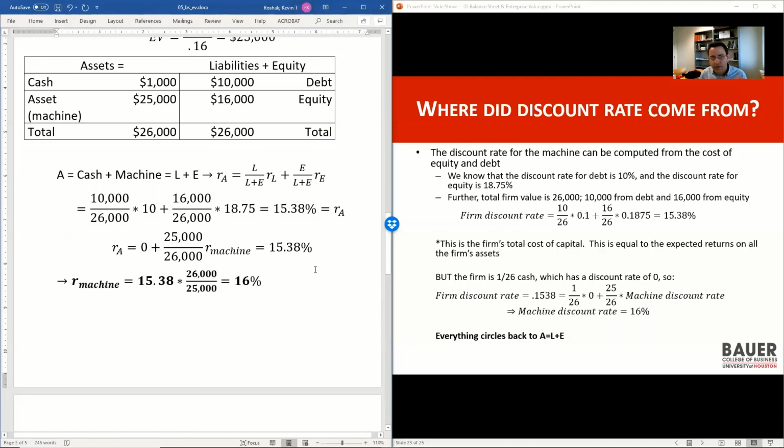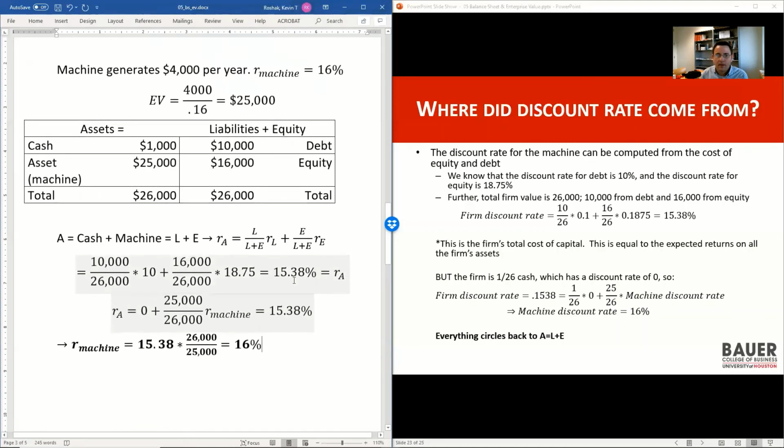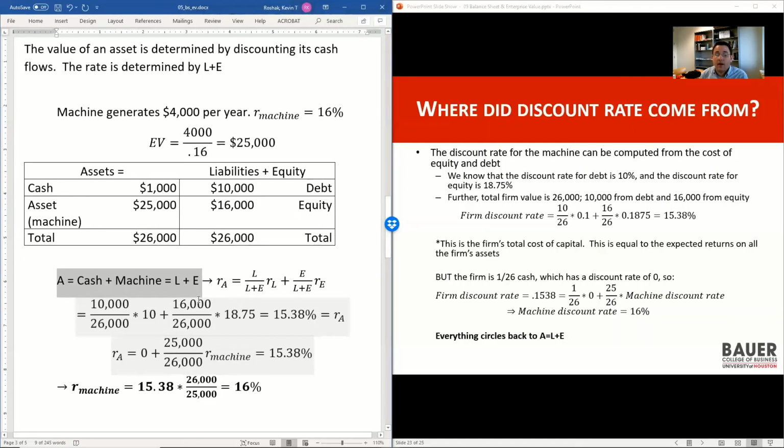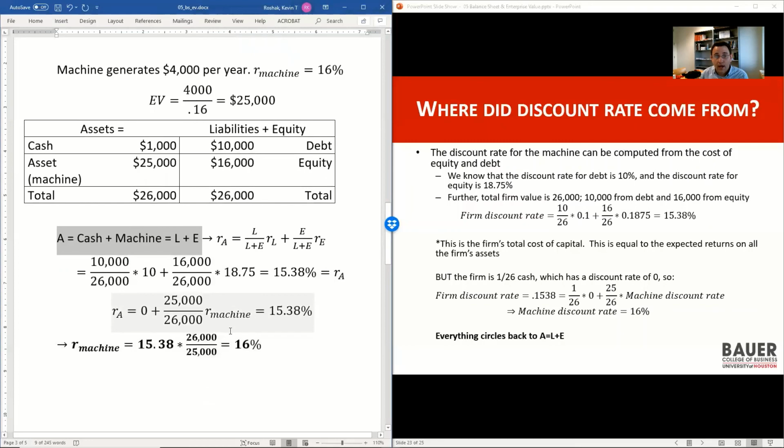So we went through it kind of fast, a little bit of a whirlwind here, but the idea is we're still using this accounting identity, assets equals debt plus equity. We're just rewriting it in terms of returns. We're going to figure out what should be the appropriate return on our assets. Our operations should be earning 16%. That's how this works. That's how everything's going to work together.